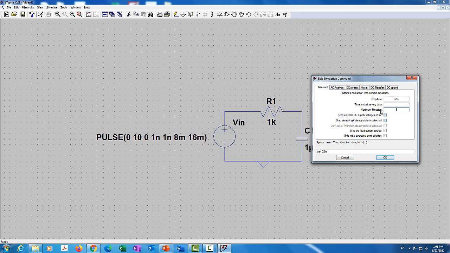So here we're looking at the time between 2 sampling points, right? That's the step time. So you want to make it very small, but the smaller you make it, the longer it will take to simulate the circuit.